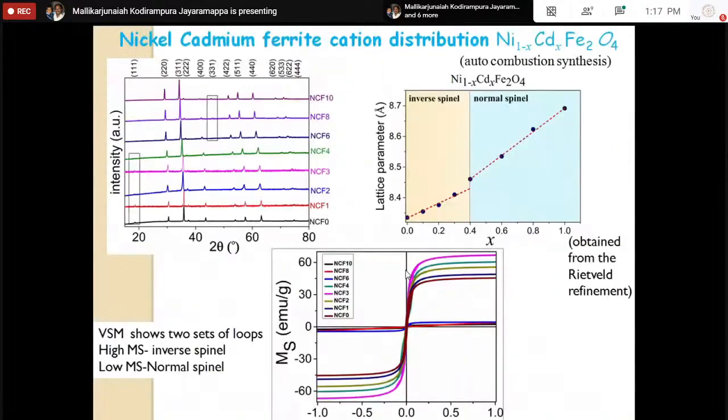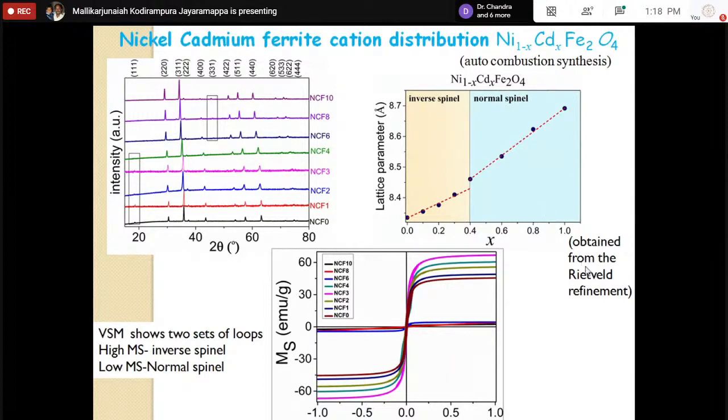We'll take one example: nickel cadmium ferrite, where we kept changing the composition, replacing nickel by cadmium, and at the composition X corresponding to 4, the compound changed from inverse spinel to normal spinel structure.